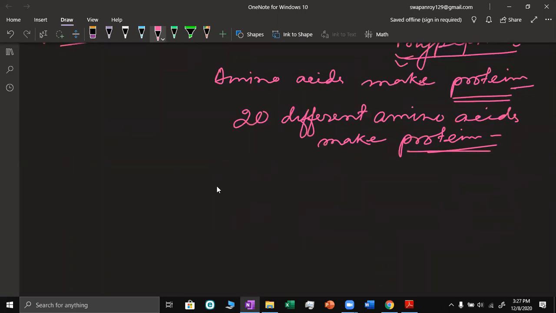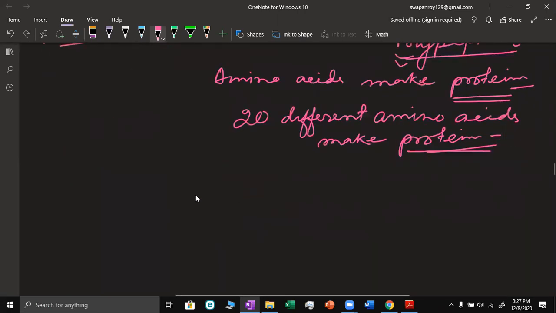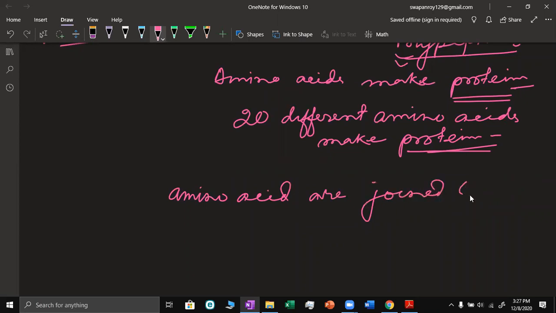This is called polypeptide. Why? In the polypeptide or in protein, amino acids are joined to each other by a bond which is known as the peptide bond.